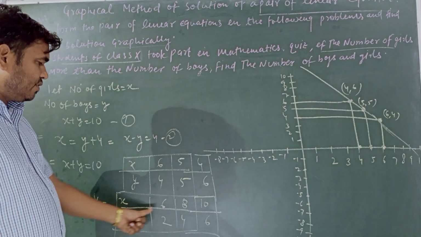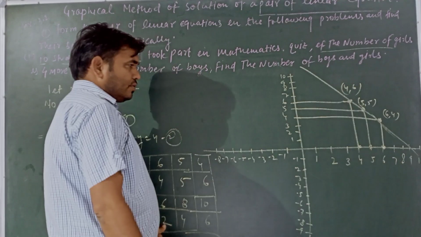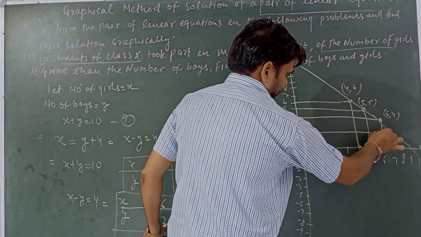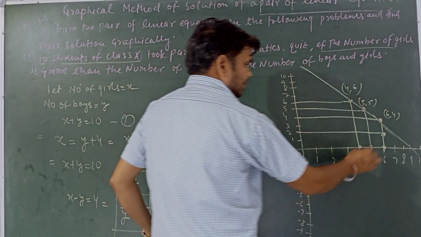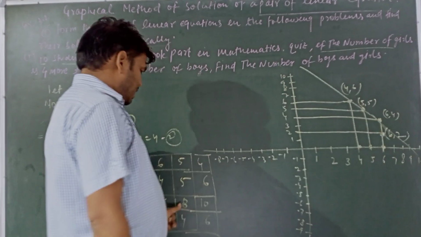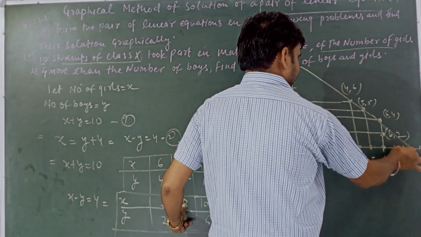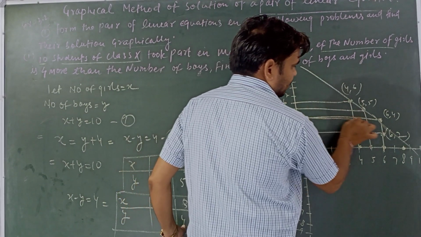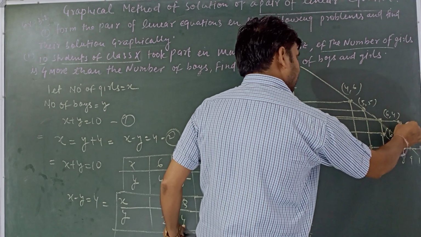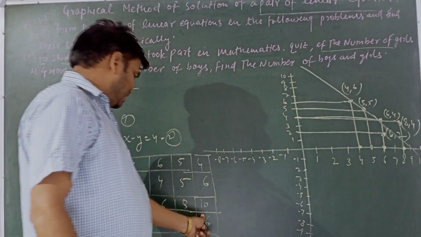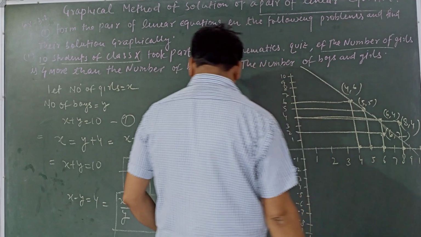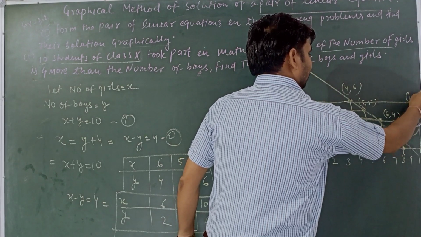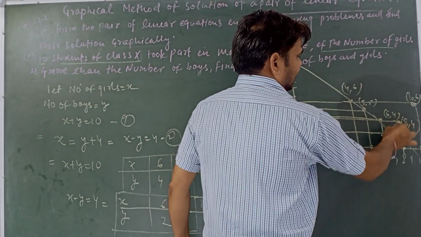For the second equation we plot x equal to 6 and y equal to 2, then x equal to 8 and y equal to 4, and x equal to 10 and y equal to 6.